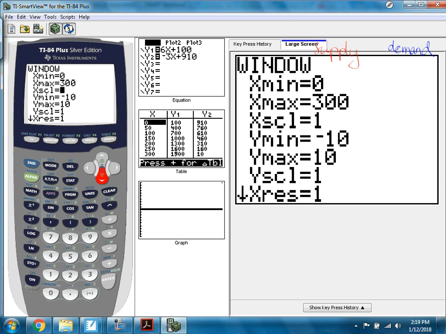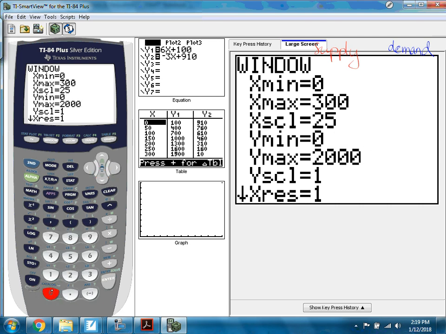And we can have the scale, we can go up by 25 or 50. And then the minimum supply and demand, let's just go 0 to 2,000 here. Okay, hit graph.